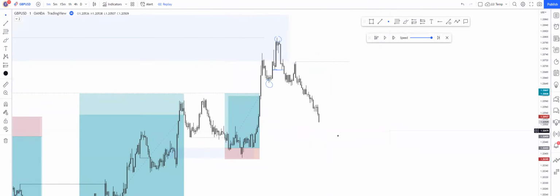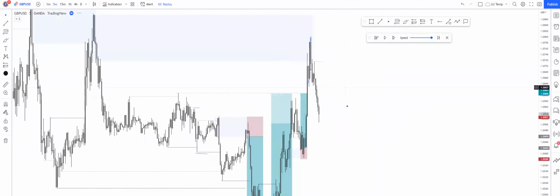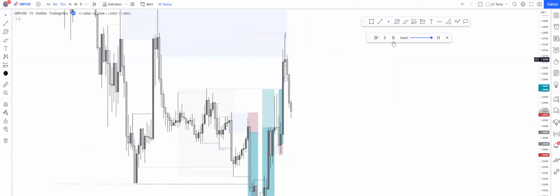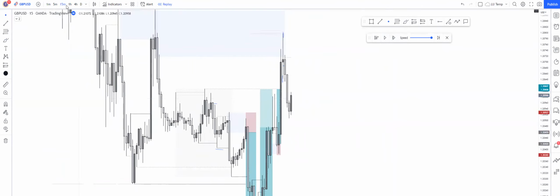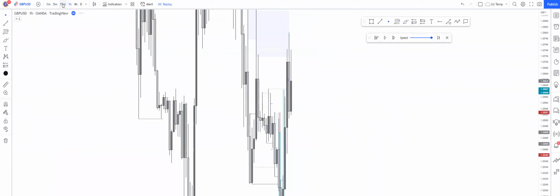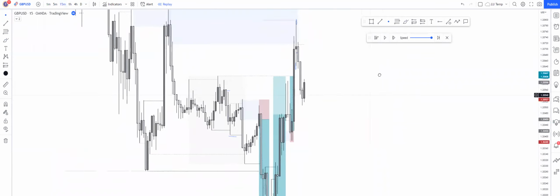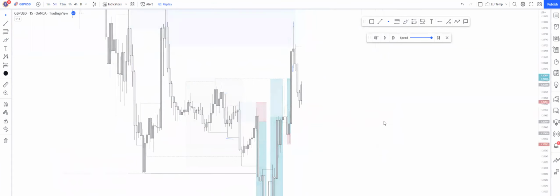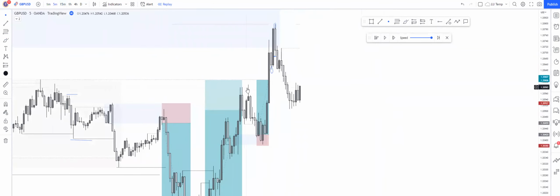It's coming to an untested POI, so we're going to get a reaction for sure. There's the imbalance. We're on 1 hour. Nothing. Oh yeah, we did have a breaker, but there's the imbalance. We also have a breaker there.